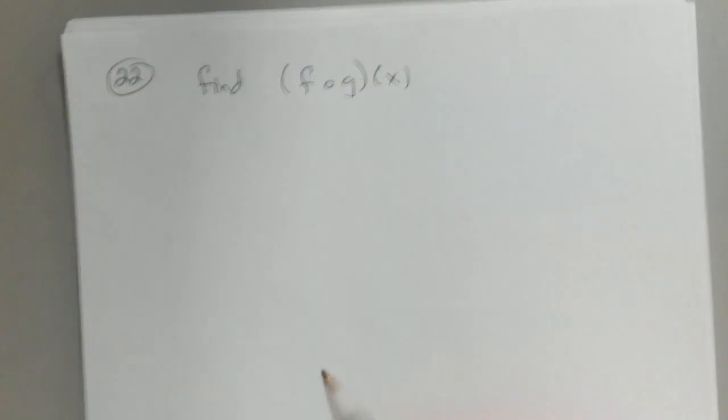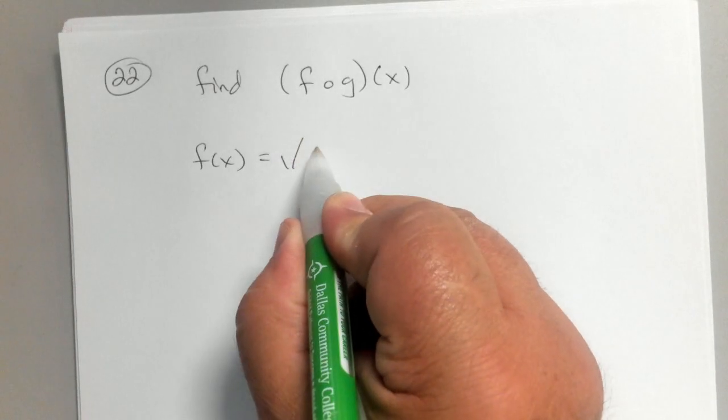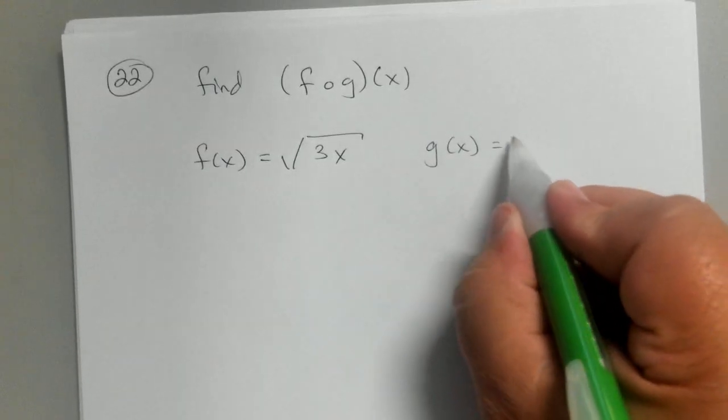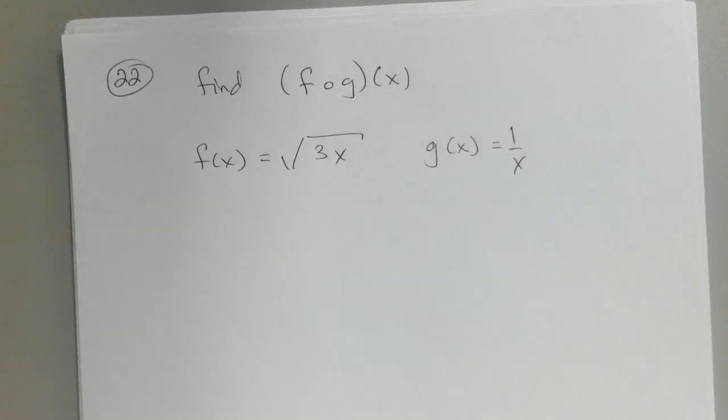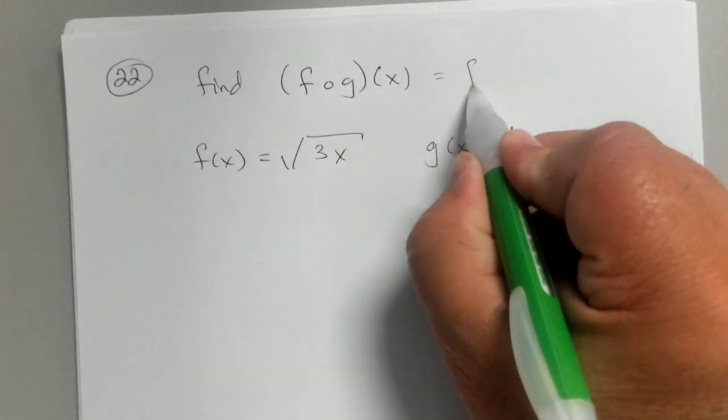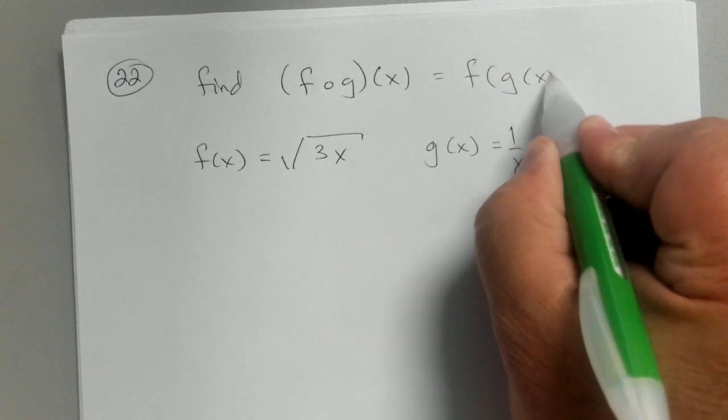Find f of g of x, given f of x equals radical 3x, and g of x equals 1 over x. Remember, what this composite function means is f of g of x.